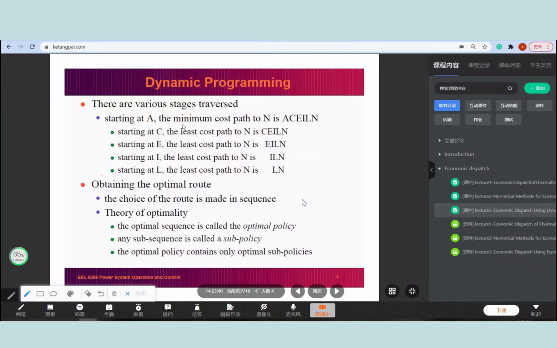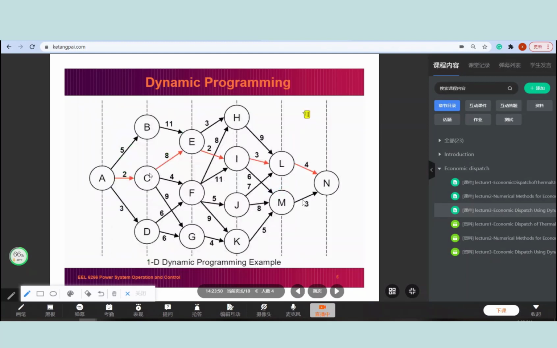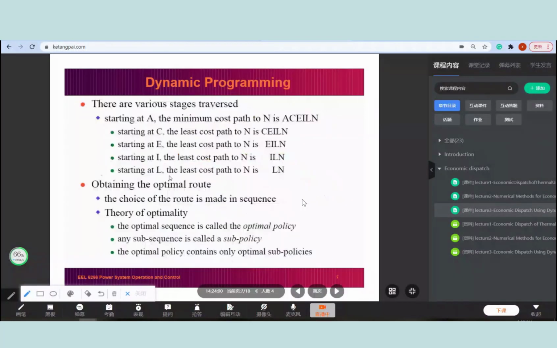Starting from A to N, you will find the best route is ACEILN. If you travel from C to N, after you list all the paths, you will find the best path is CEILN.